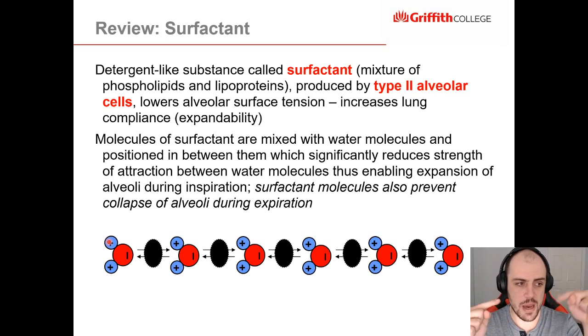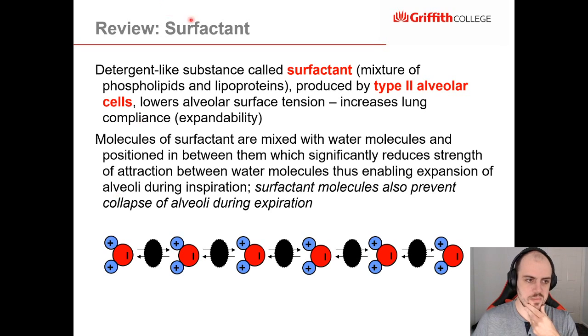If you get a positive and you try and push them together, they're going to repel. Now, when we're looking at surface tension, this oxygen down here is negative. These hydrogens over here with this other water molecule are positive. Negative, positive, they will attract. So that is what we're looking at here with surface tension.